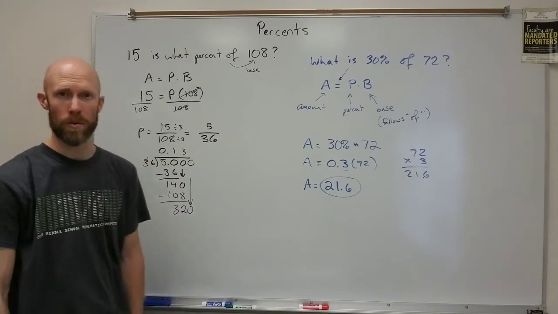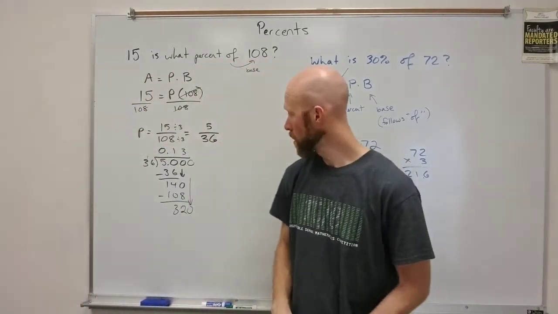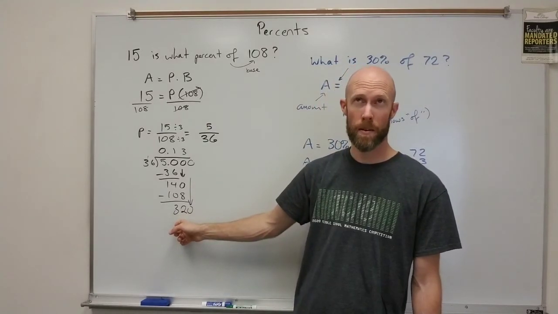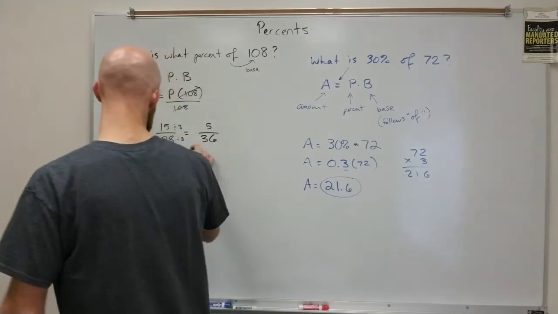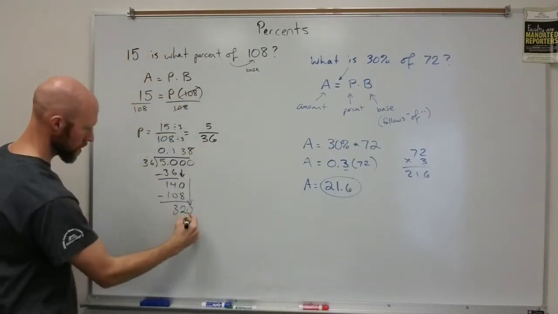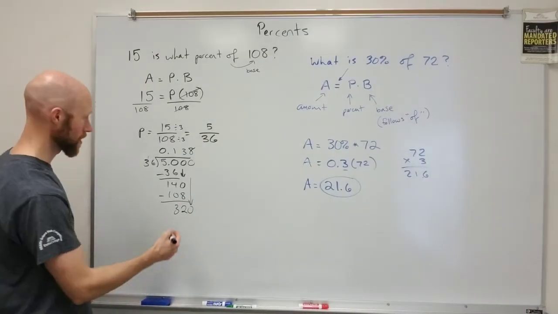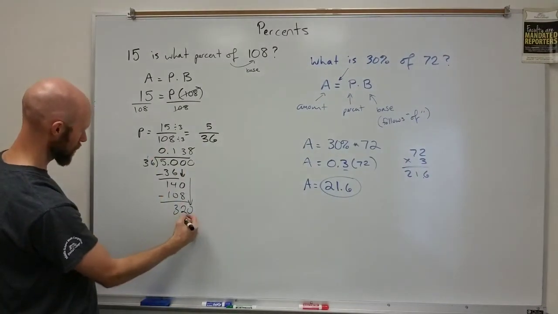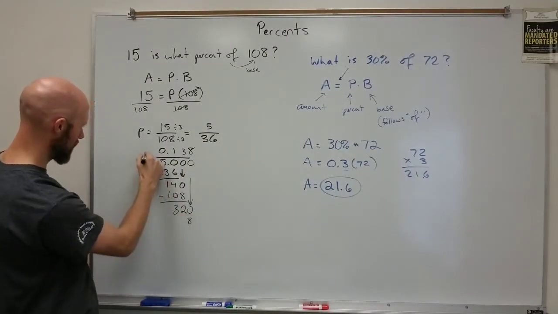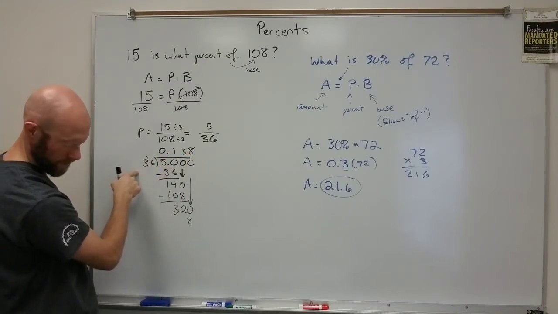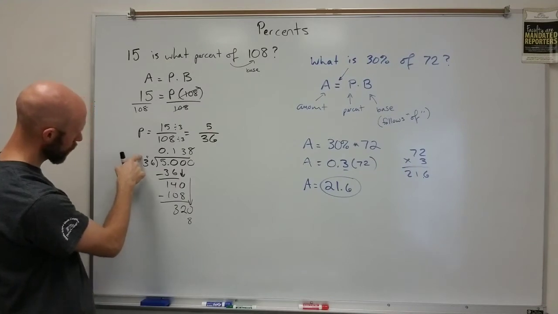36 into 320, well, 36 into 360 would be 10. This has got to be less than that by 40, so it'd be 2 less, it'd be 8. 8 times 36, I should have brought my calculator in here, but we're going to get through it. 8 times 6 is 48. 8 times 3 is 24, or 28.